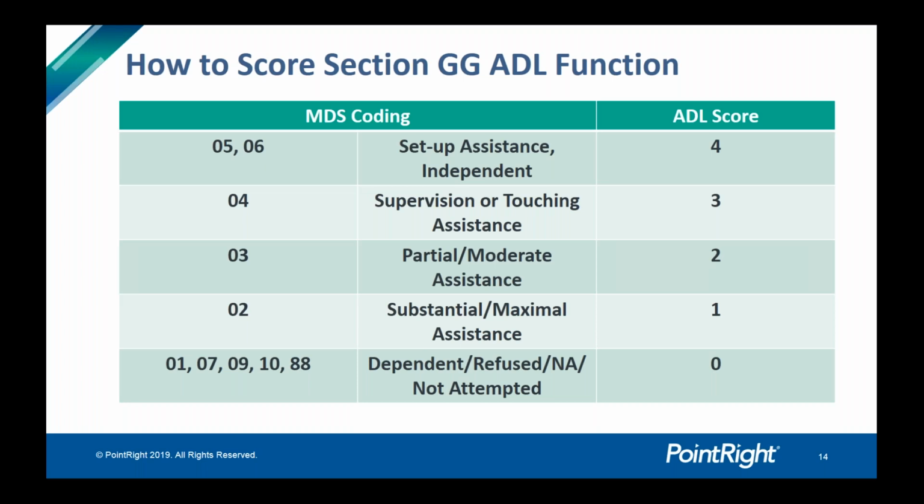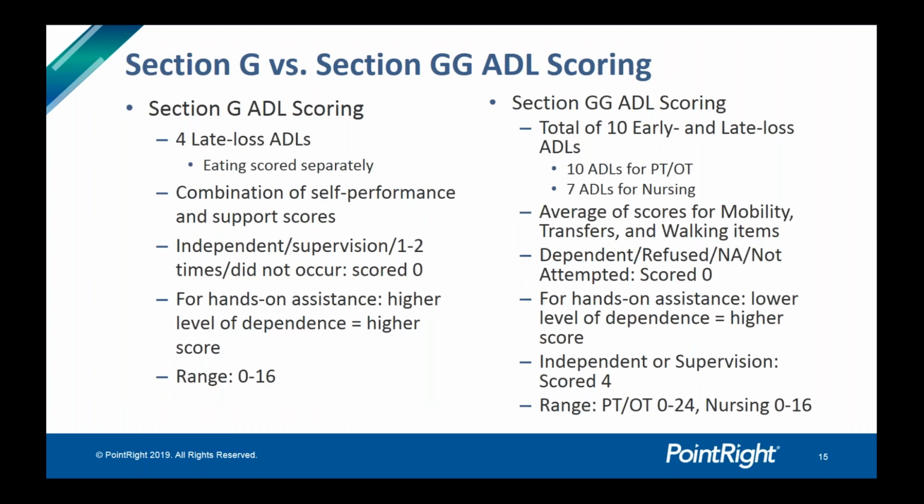So the more assistance or dependence, the lower the score is, which is a total difference from the way Section G scores ADLs. So another side-by-side comparison. Section G ADL scoring looks just at 4 late loss ADLs. These are the ones that in the normal course of decline are the last to go.